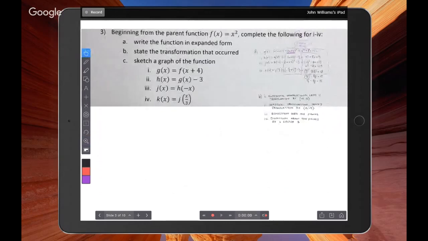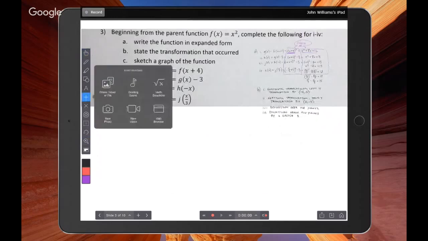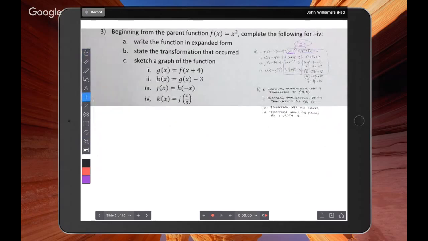Pull in some graph paper. How are we doing? Are you guys having questions? Are you confused?